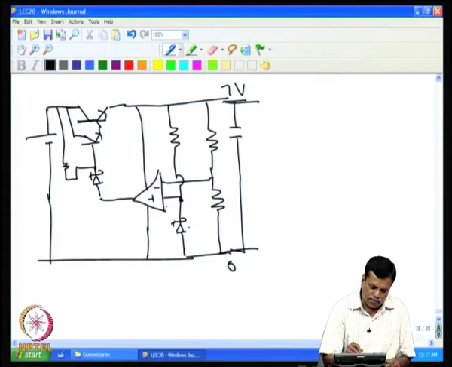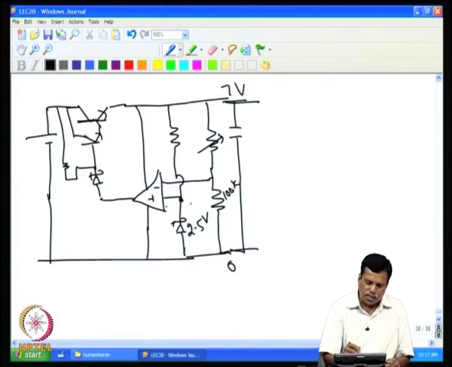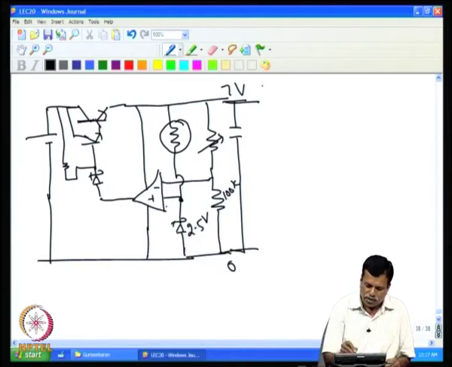For example, we can have a 2.5 volt Zener here, and then these values can be selected, and this can be adjusted to get 7 volt, and this can be selected for a required bias current. For example, if we need 2.5 volt at 50 microampere current, this resistance can be selected such that the output is 7 volt. So V0 is 7 volt, and this is R1.